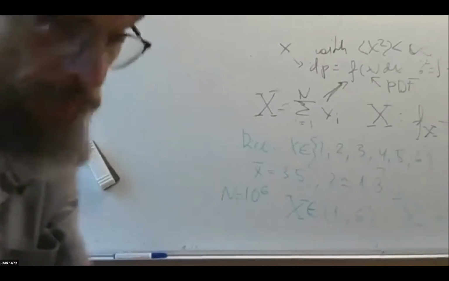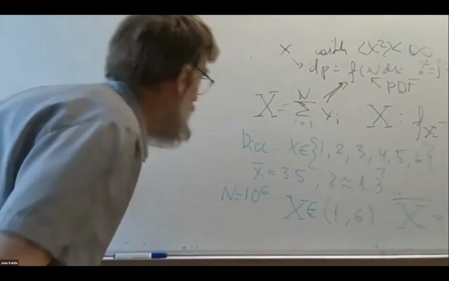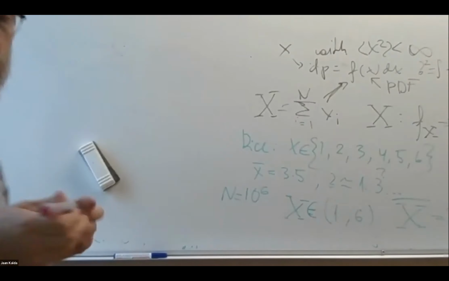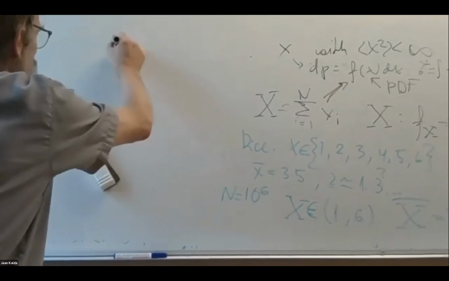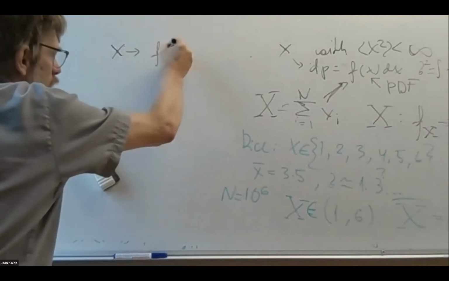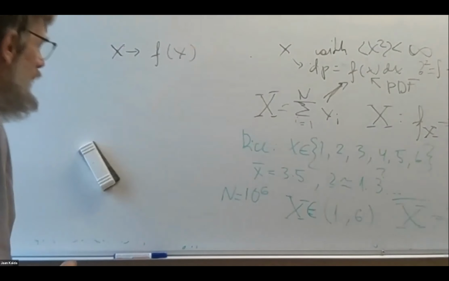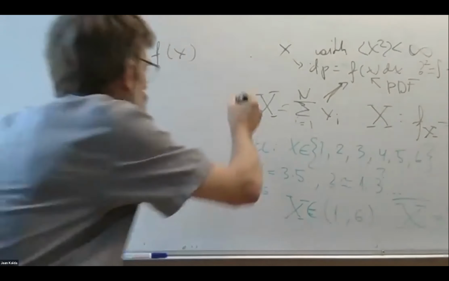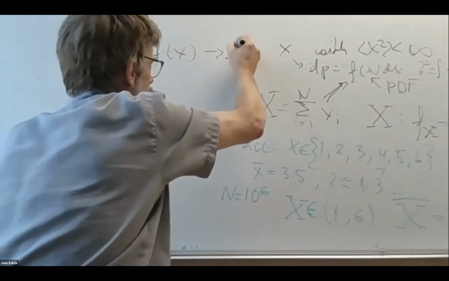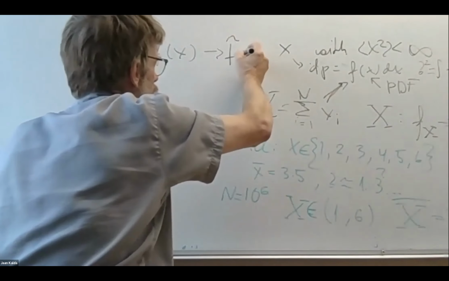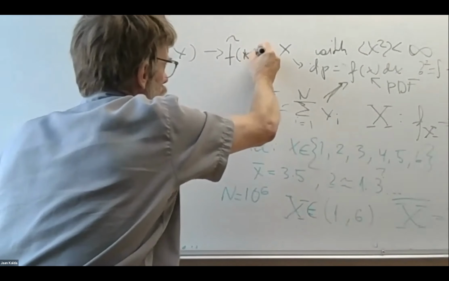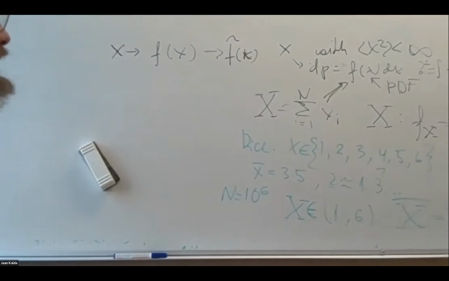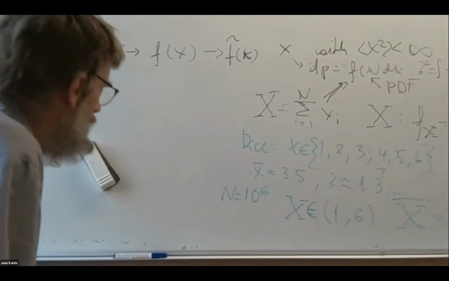if we have x, a random variable, and it has a distribution function f of x, and now we take the Fourier transform, f tilde, then x goes to the wave vector k.